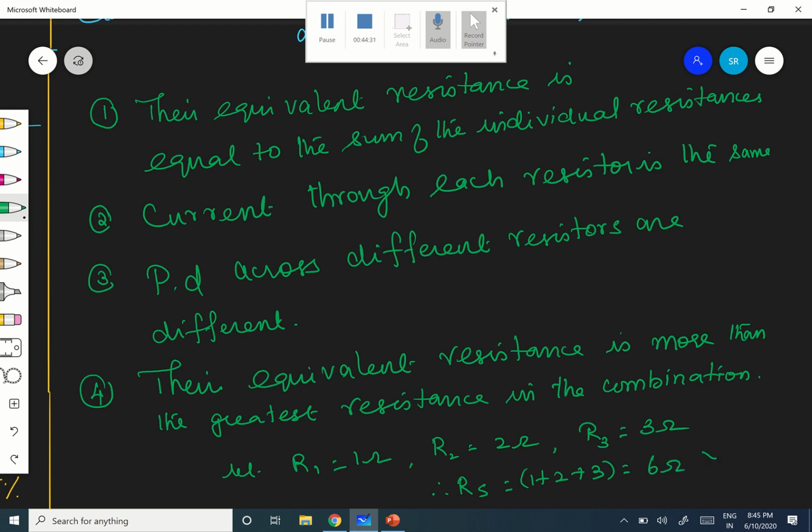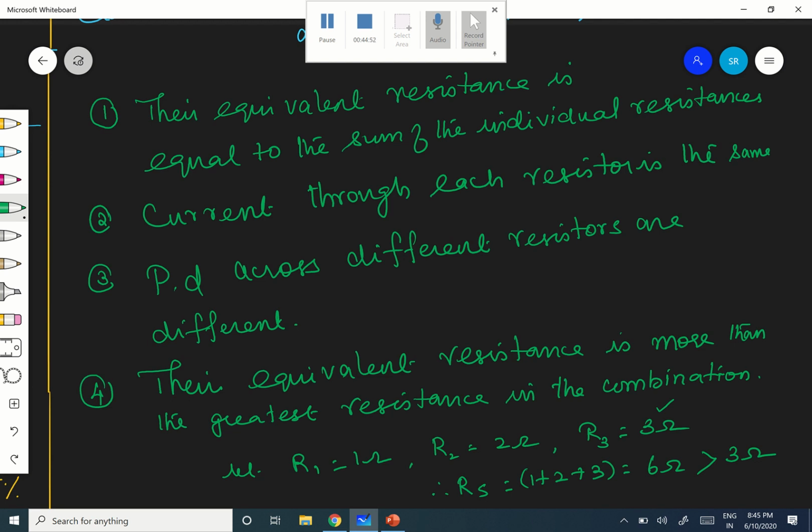And 6 ohm is more than the largest resistance here, which is 3 ohm. Therefore it is more than the greatest resistance in the combination. Which means that when you connect resistances in series, the net resistance will increase. Okay, right.